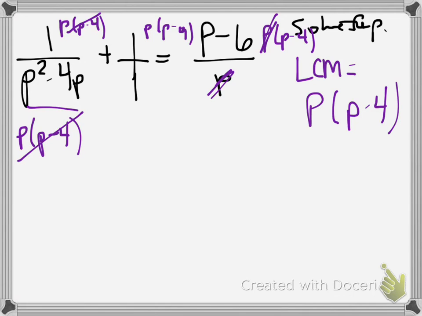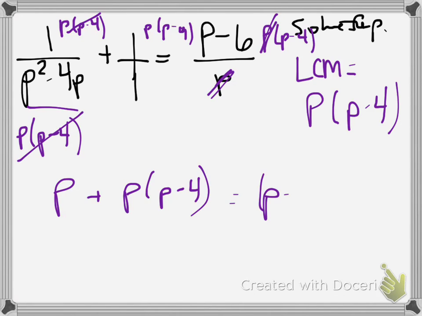So if you notice now what happened is all the denominators are gone, and we just focus on the numerators and turn this into a more basic equation than one that we started with. So the first fraction just becomes p. The second fraction is going to be p times p minus 4. And then that's going to equal the quantity of p minus 6 times p minus 4.